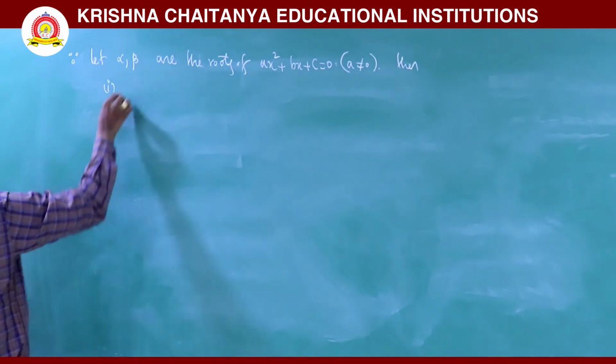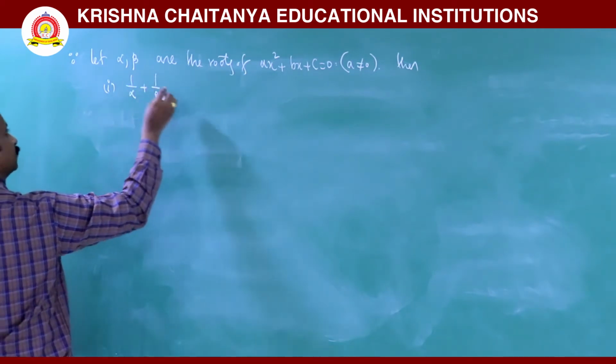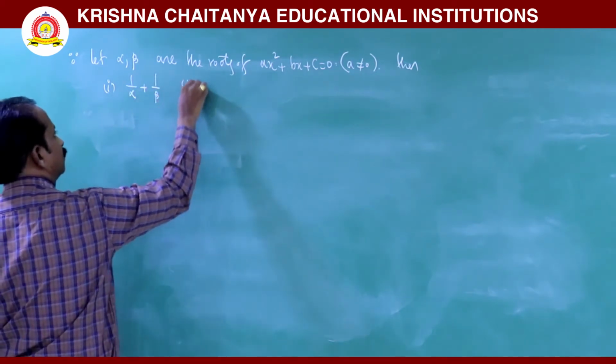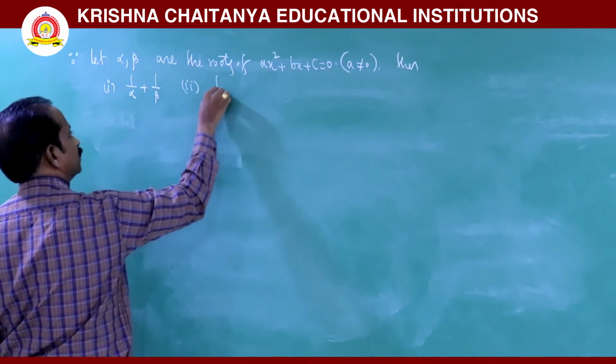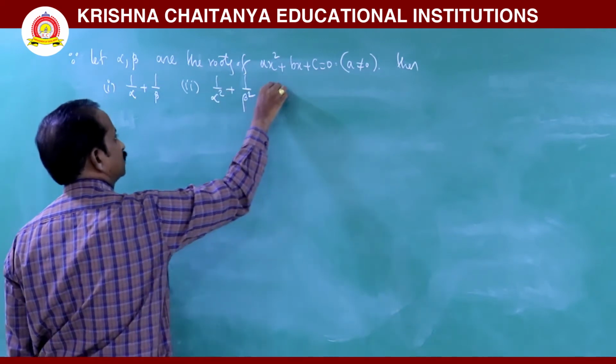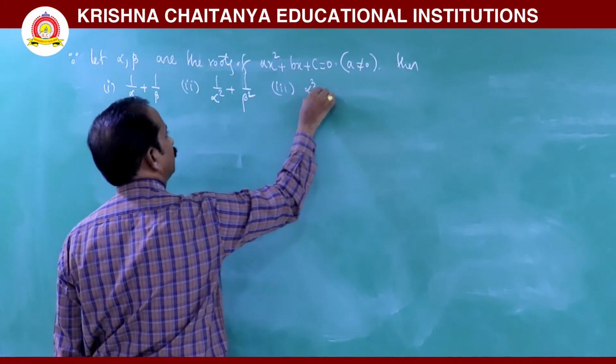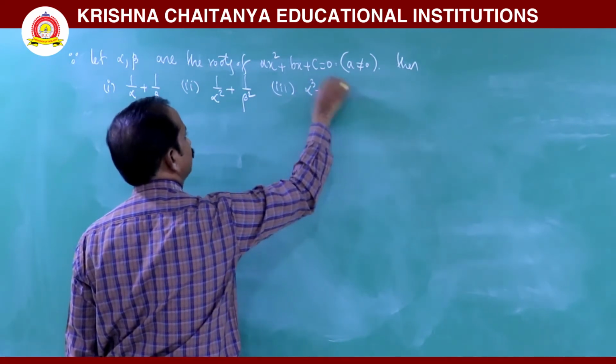First one, 1 by alpha plus 1 by beta. Second one, 1 by alpha square plus 1 by beta square. Sub question 3, alpha cube plus beta cube.